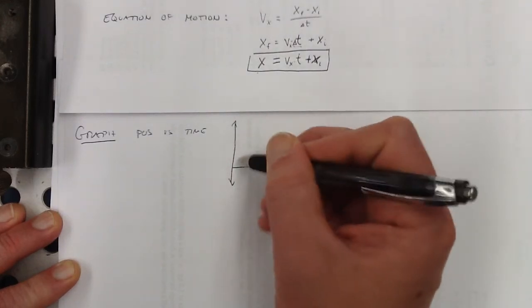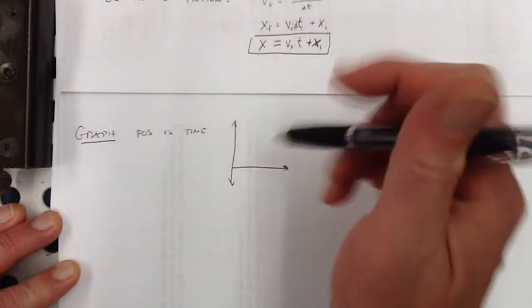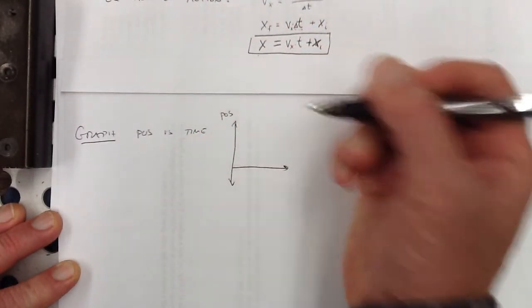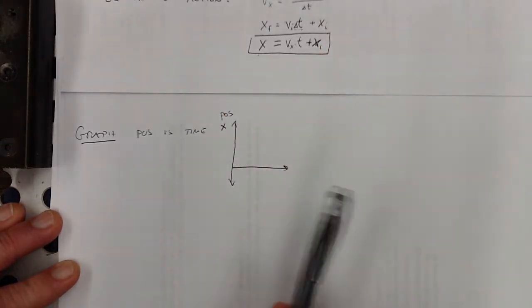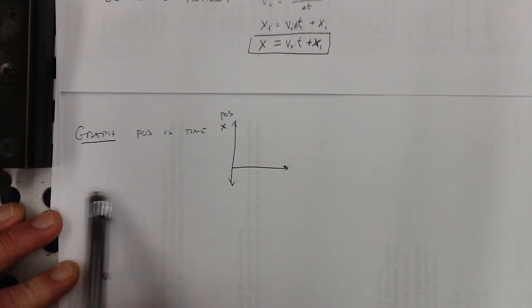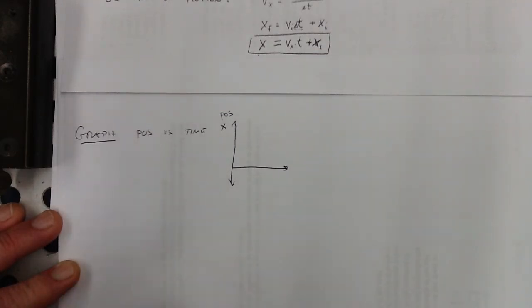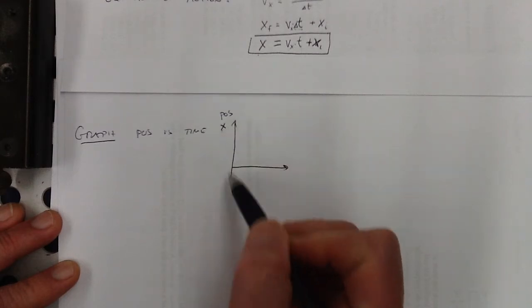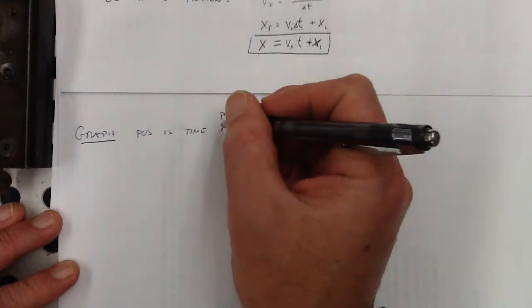I'm going to let that extend below because we can have negative positions. So this is my position here, which we are going to call x often because that's the name of our first dimension if we're just letting something move in one dimension. That may be a tiny bit confusing at the start that we're putting x here on this vertical axis, but it's just short for position.